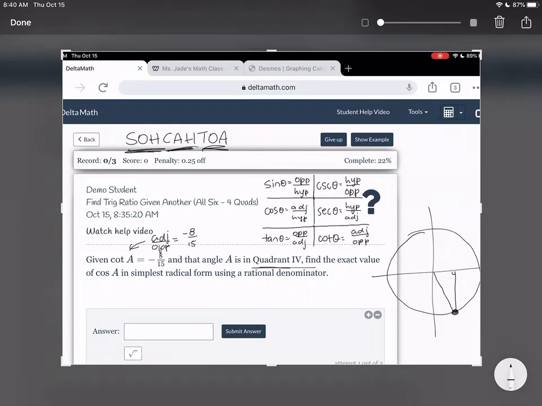I'm going to label it with the numbers first, without the negative, and then we'll figure out which one of those is actually the negative number. Is it the adjacent or the opposite? Because we know one of them has to be negative in order for the ratio to be a negative fraction. So our adjacent is 8, our opposite is 15.